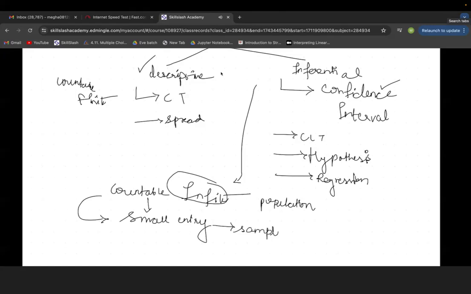Now, inferential statistics works like this, guys. I'm telling you once again because we are going to cover this anyway tomorrow. Inferential statistics says that you can apply the descriptive approach to the sample, and later you can say that it is the same for the whole population.